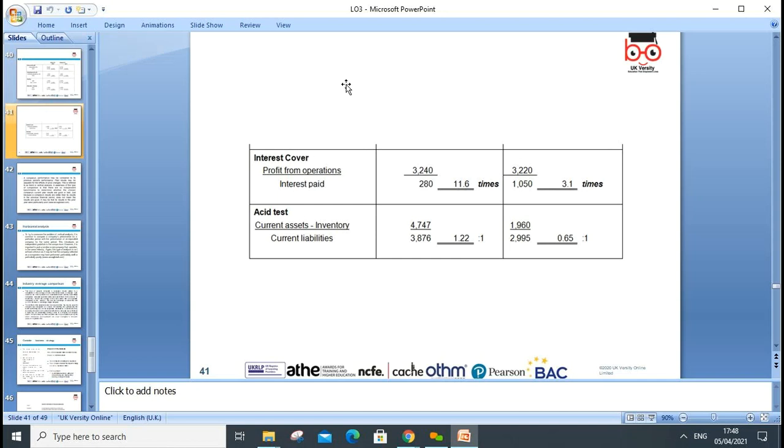So the bank is happy to give Anika more borrowing compared to Paprika, because Paprika has only 3.1 times. So if their profit drops next year, they really can't afford to pay back the interest to the bank if they borrow money from the bank.